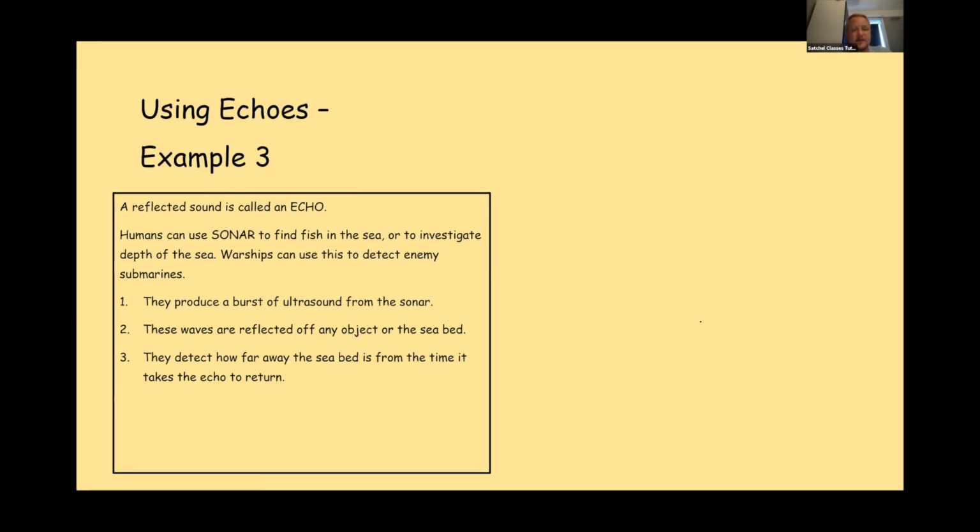But unlike bats, we have to use an equation, and we use the equation speed equals distance divided by time. Well, in this case, we divide the time by 2 because it takes half the time to get down as it does to come up if we're looking for the depth. And then we use that to calculate the depth of the sea, or the depth of a shoal of fish, or the depth of an enemy submarine.